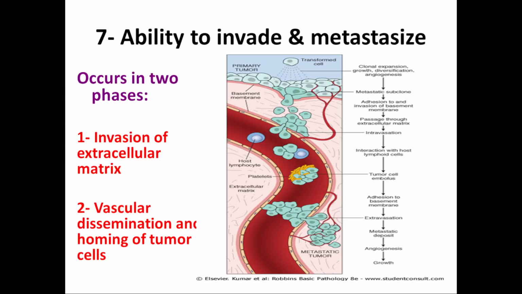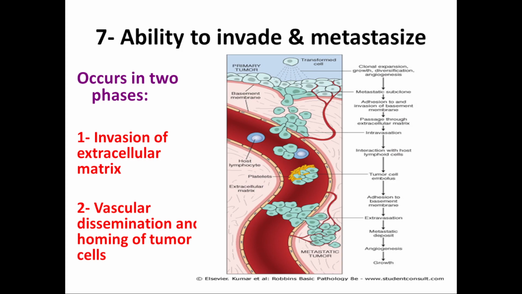Ability to invade and metastasize, we discussed this briefly previously. When a tumor invades and metastasizes, what happens in brief steps? First, there is a clone that must have a mutation that enables the cell to invade and reach the blood supply.